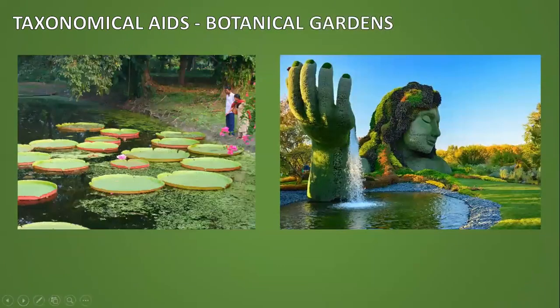When we are moving on to the botanical garden, there we will be discussing. Look how beautiful is a botanical garden. How many of you have been to a botanical garden at least once?